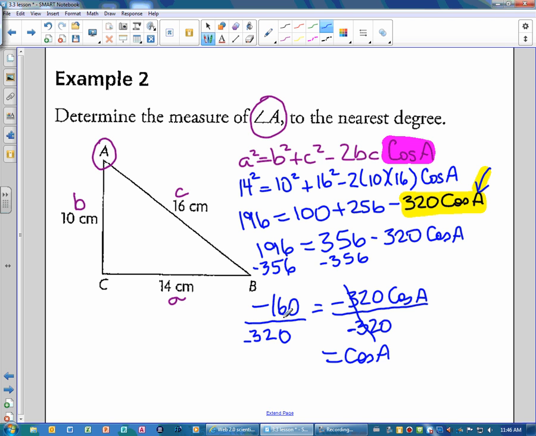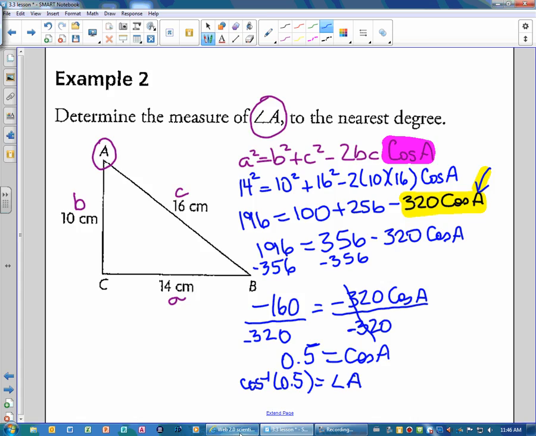So negative 160 divided by negative 320 is positive 0.5. So I have the cos of A equals 0.5. If you want angle A, I'm going to have to find the inverse, cos negative 1 of 0.5. If I know the ratio, I ask my calculator, okay, the ratio is 0.5, what angle do I get?